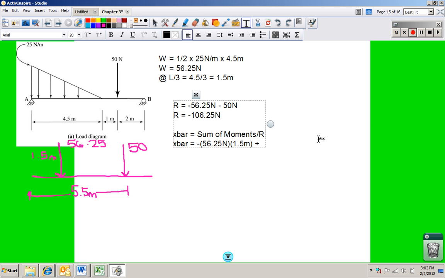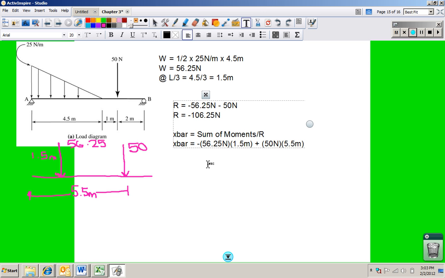Plus, the next one's also going to be a negative moment. Imagine we're holding it down at A, we put our finger on it and we're pushing down here, that's going to be clockwise again. So that is 50 newtons times 5.5 meters.